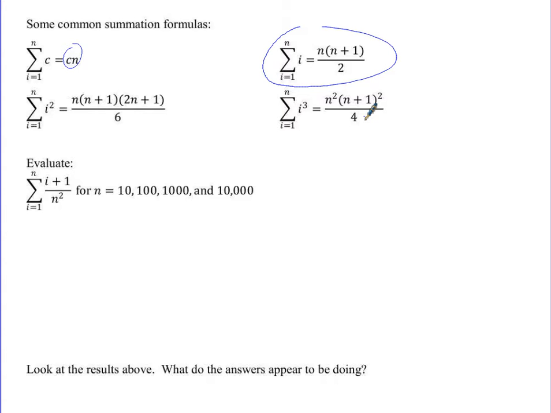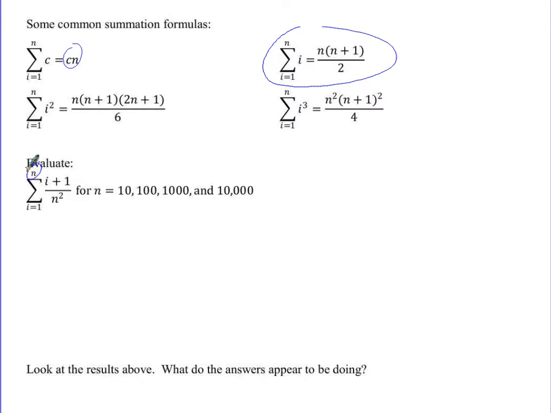Yes, there is. The rules for summations say that this number right here has to be a constant. The i equals 1, the lower bound, can't change. As we start doing our iteration, then i does change, but the lower bound does not change, and neither does the upper bound. That's a constant also, okay?